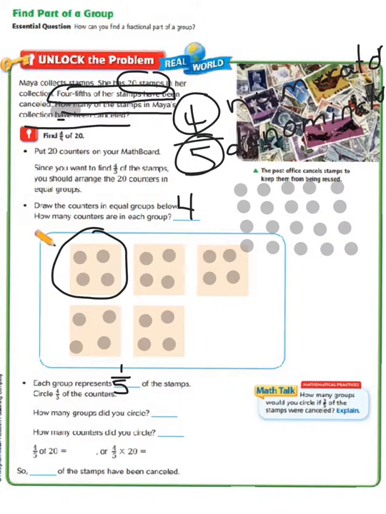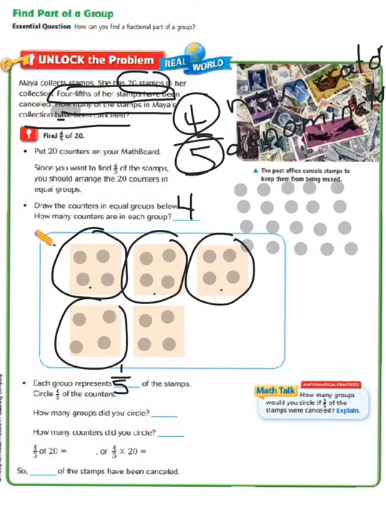How many groups did you circle? We're circling 4/5 because this equals 1/5, this equals 1/5, this equals 1/5, and this equals 1/5. And since we have 1/5, 2/5, 3/5, 4/5, we circled 4 groups.